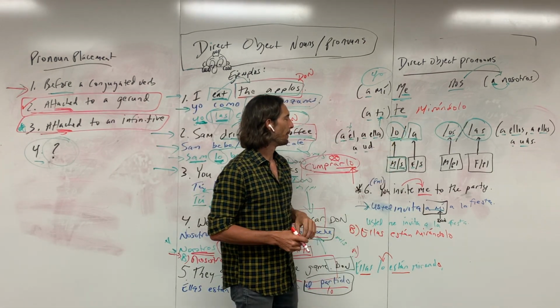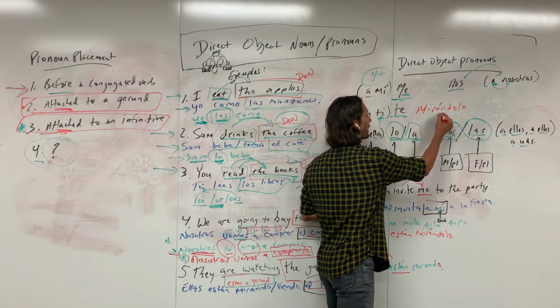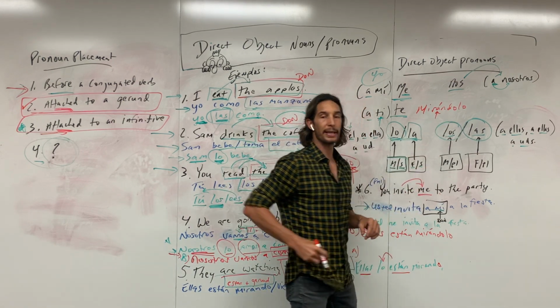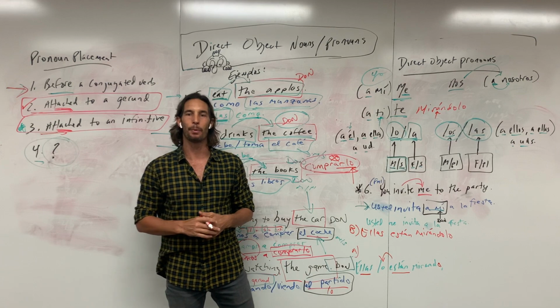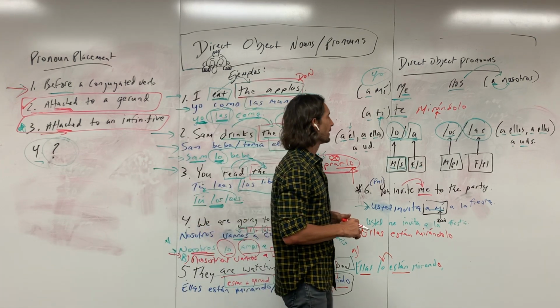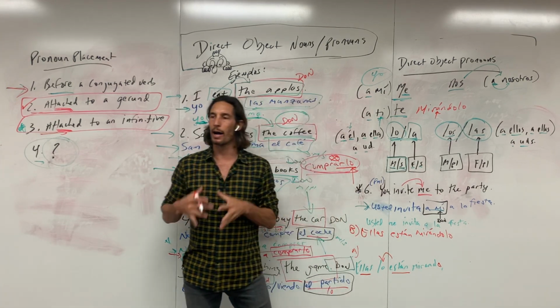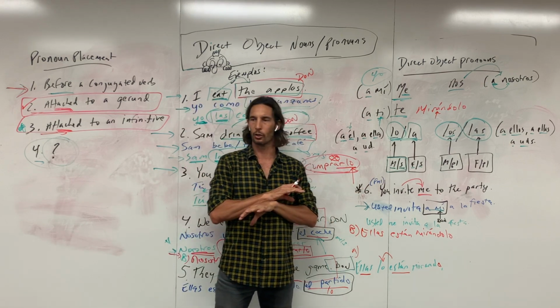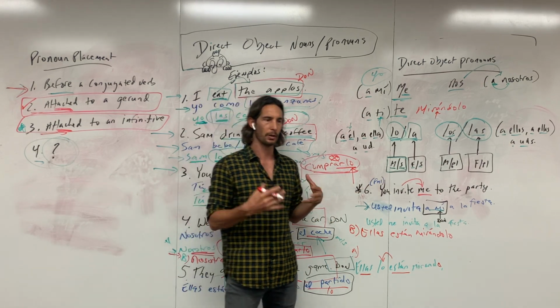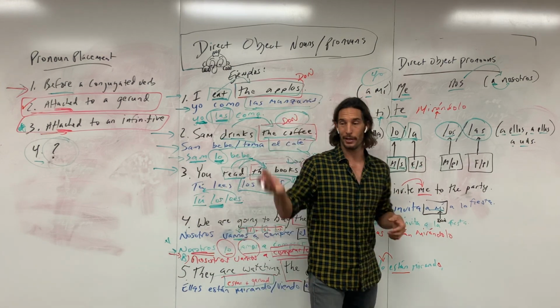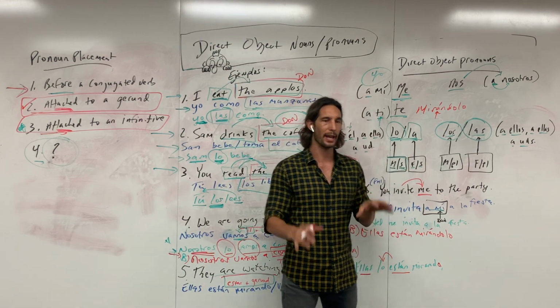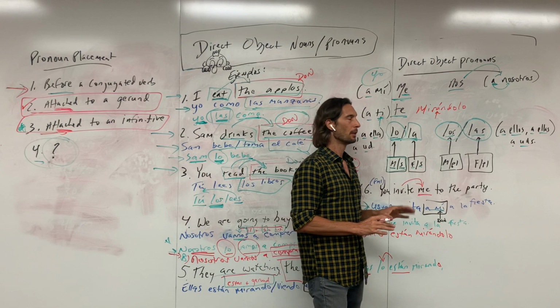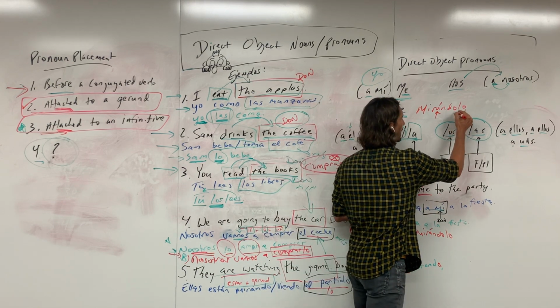Now, you'll notice that as far as where you place the accent, there's a couple of different ways to do that. If it's a single object pronoun, and again, this is a rule of thumb, not universal, because as you know, there's plenty that break our rules, you can count back 3.